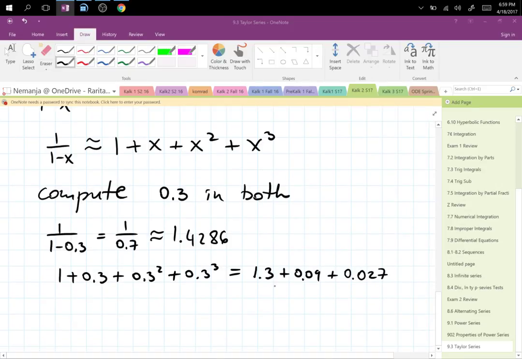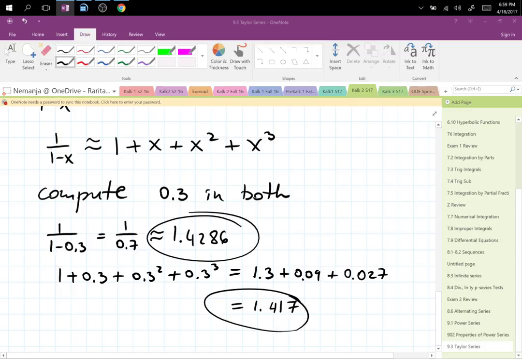So if you add all of these, it's going to be equal to 1.417. So it's close, right? If you take a look at the two numbers, it's close. It's like 1 cent away.